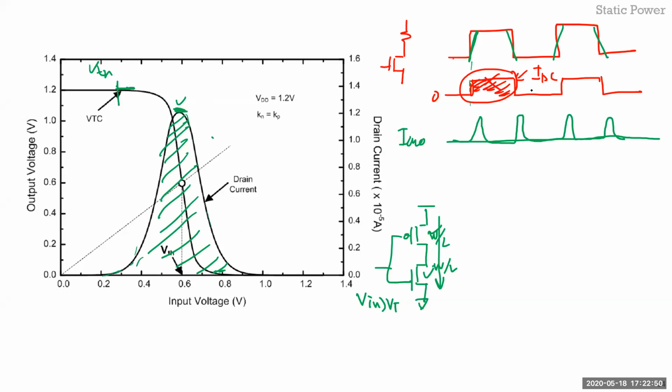In case of a CMOS, it really depends on your switching frequency. If your switching frequency is really high, you're going to get these spikes really high, and when you take the average, let's say this peak was 100 microamp, the average will be almost 100 microamp.